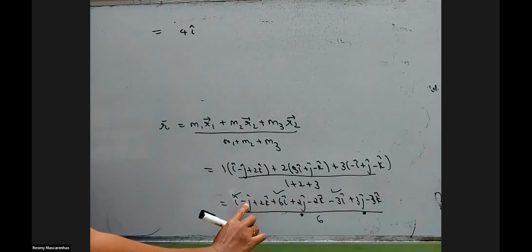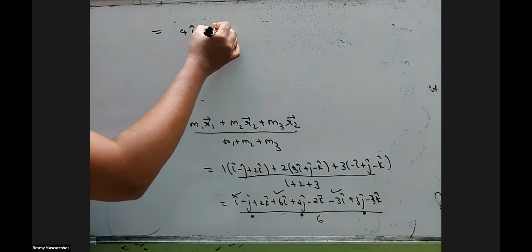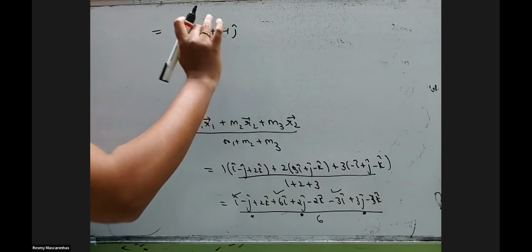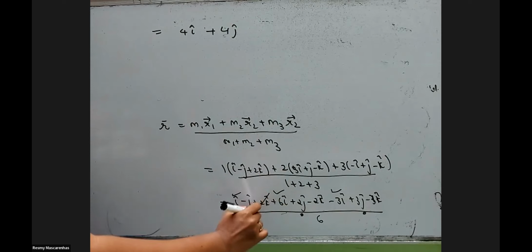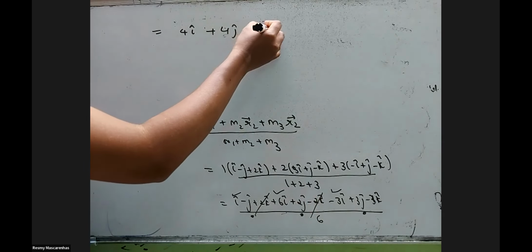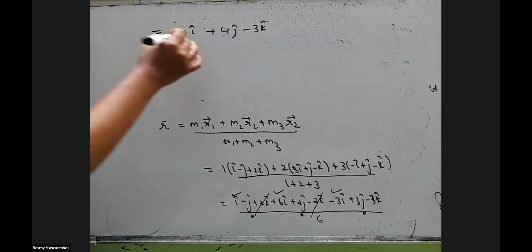So minus 3 plus 2 is 5. 5 minus 1 is 4 J cap. And then K cap is plus 2 K cap minus 2 K cap will cancel. Upon 6.